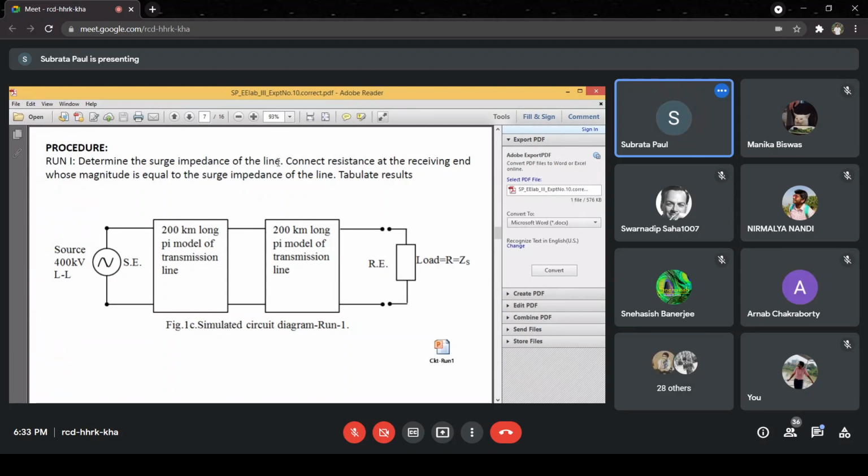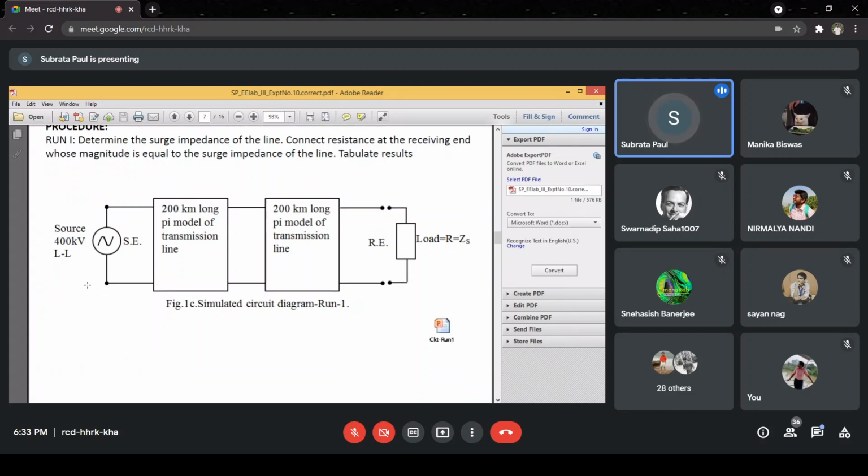If required, you can calculate the surge impedance loading of the line, because it is a 400 kV line. From the definition, if you take the line to line voltage, then VR square by ZS, or if you take the phase voltage, then VR square by ZS multiplied by 3. That will be surge impedance loading. So first determine the surge impedance of the line, right?